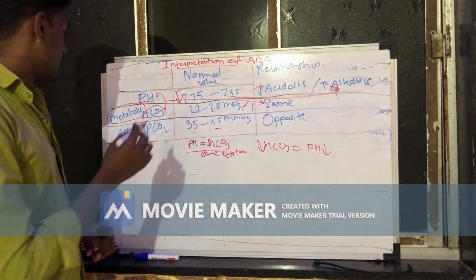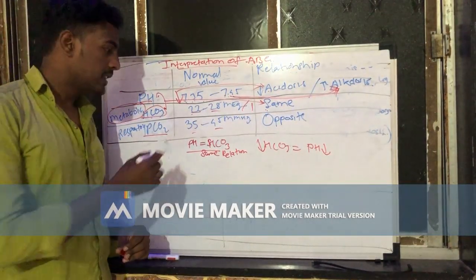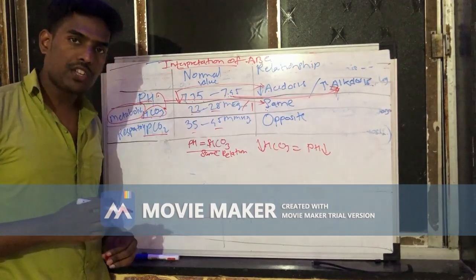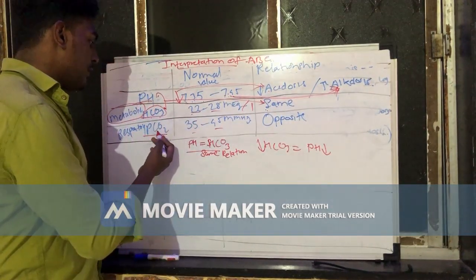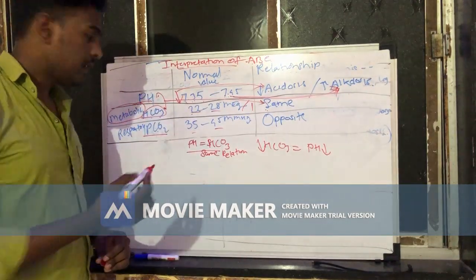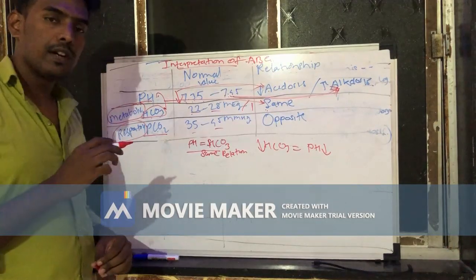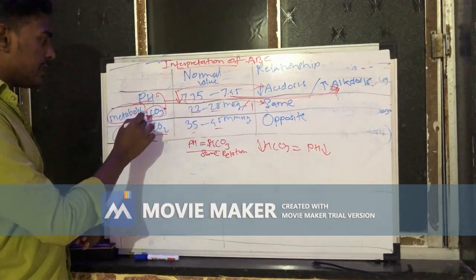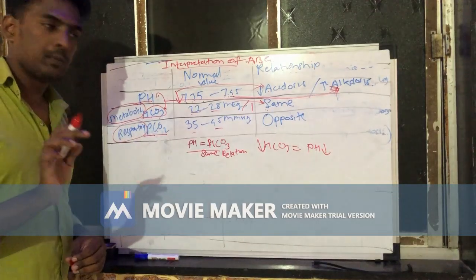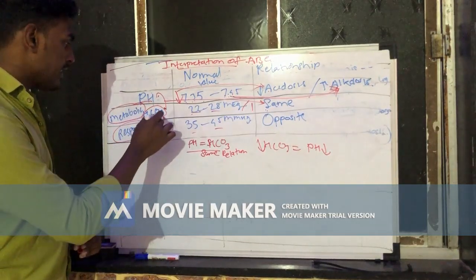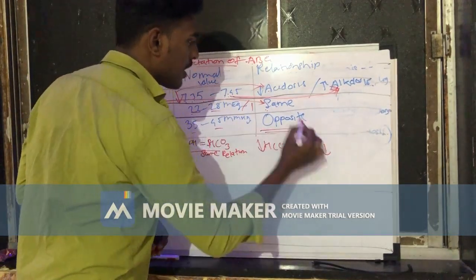Then next, what is that? PCO2. What is the normal range? Last time I told you 35 to 45 mm of Hg. Now, what is the relation between PCO2 and pH? Before that, always consider PCO2 as the respiratory component. So always remember, SCO3 is a metabolic component, PCO2 is a respiratory component. What is the relation between PCO2 and pH? Opposite relation.